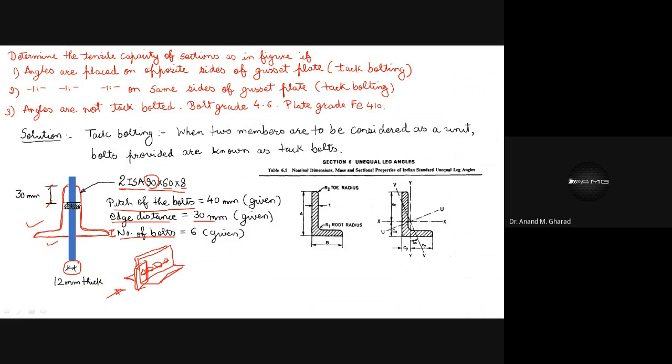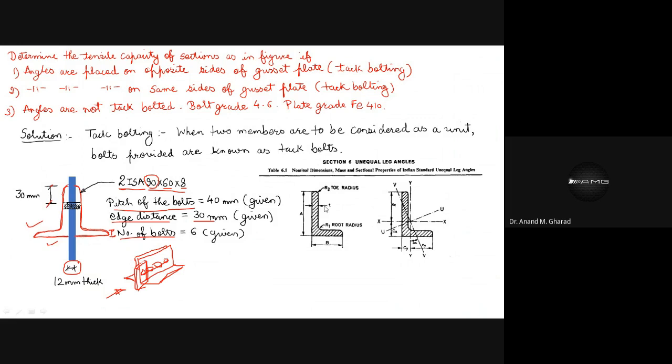These are known as unequal angles, sometimes also known as unequal leg angles. Unequal in the sense that this dimension and this dimension are not the same. So you can consider there may be equal angle sections also. Yes, there are. You will find in the steel table or in IS 808 that equal angle and unequal angle specifications are mentioned.